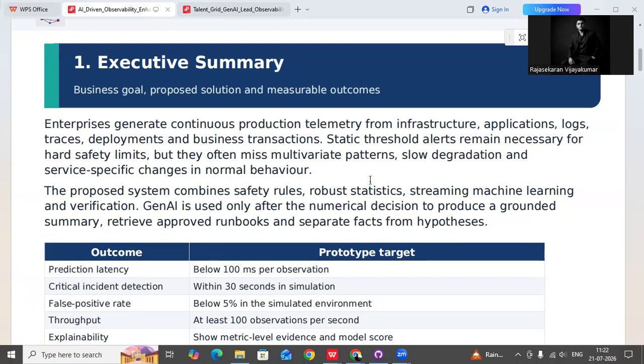The proposed system for observability enhancement combines safety rules, robust statistics, streaming machine learning, and a verification process. The GenAI system is used only after the numerical decision is taken, to produce a grounded summary, retrieve approved runbooks, and separate facts from hypothesis.